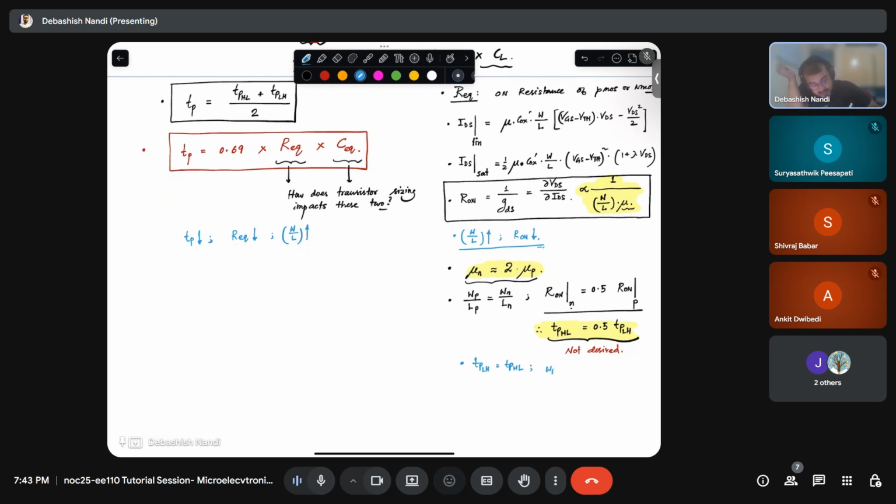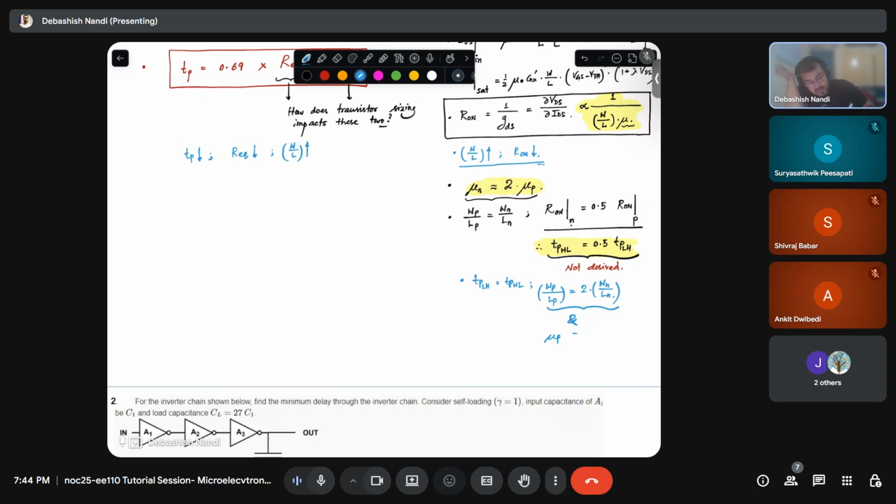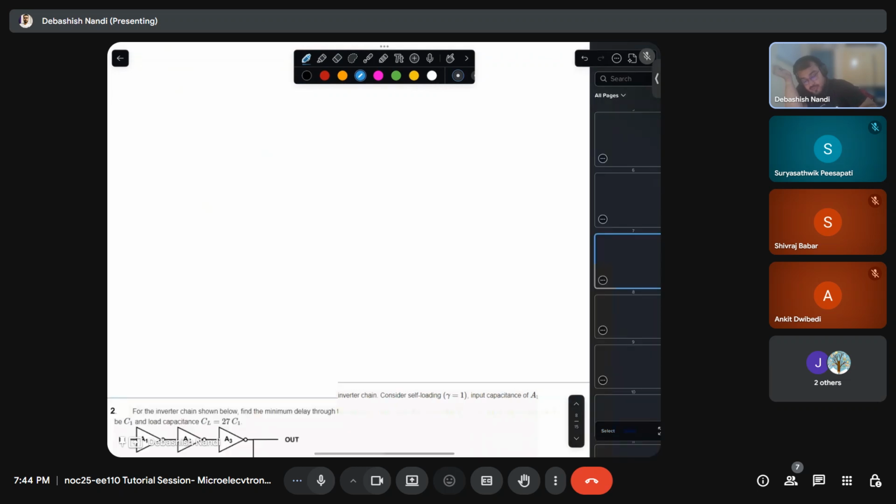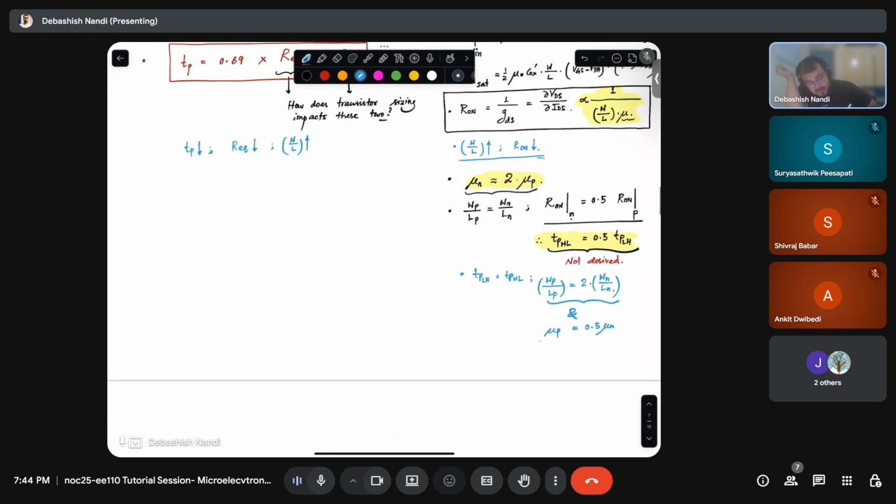We make the PMOS twice the size of NMOS. And I have mu P equal to 0.5 times mu N, and these two quantities lead me to TPLH equal to TPHL.